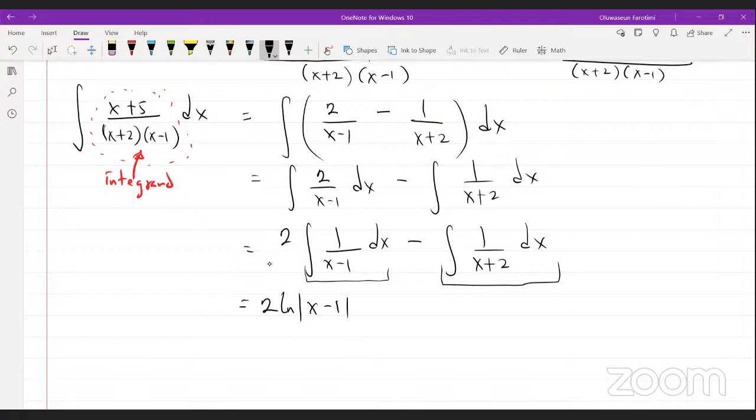Because if you differentiate x minus 1, it gives you 1. And whenever you differentiate what you have on the bottom and it gives you what you have on the top, you just write the ln of the bottom. And you have the absolute value, right? So the same thing happens here, x plus 2. But I have plus c, which is my constant of integration.